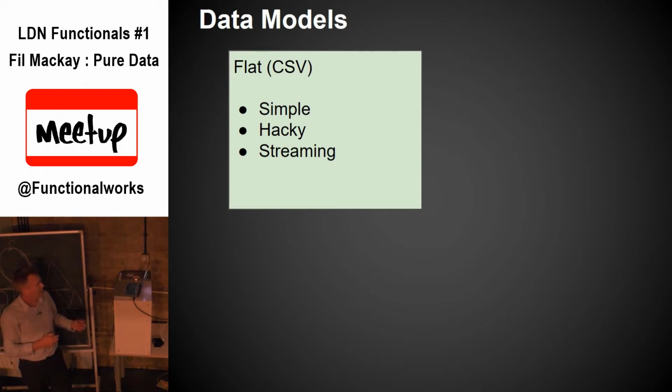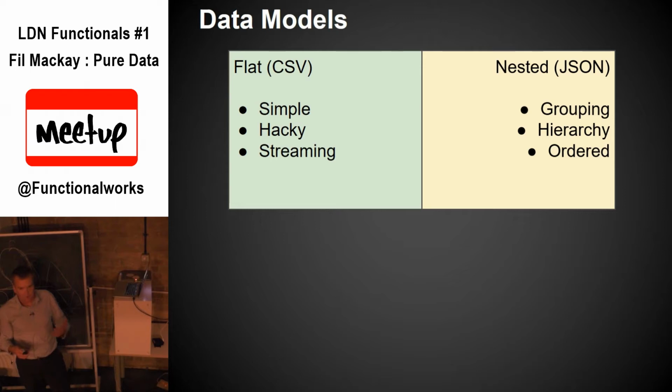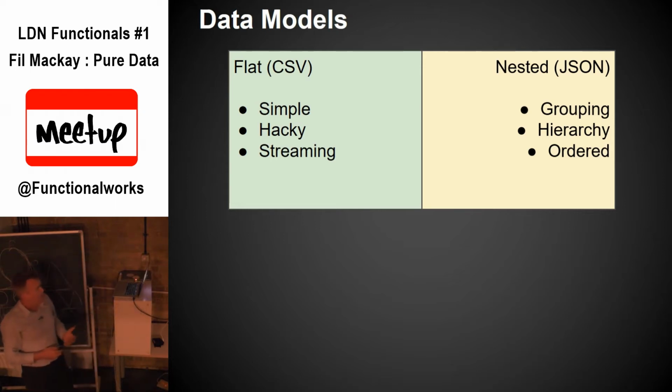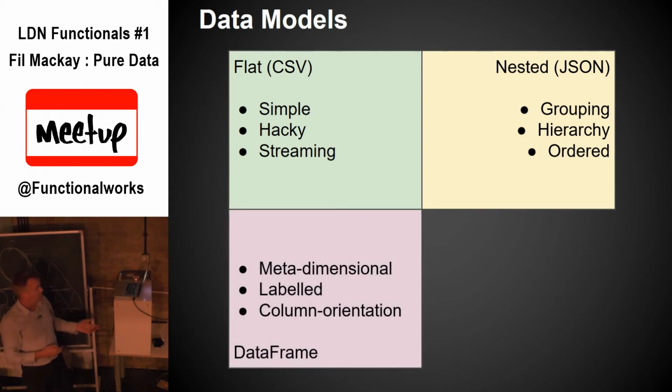Okay, so if we look at all the major data models that we use today and look at what the features of them are, I mean, this is all really approximate, not saying any of this is absolute, but CSV files are kind of simple. The business guys can send them to you and receive them. They're a little bit hacky, which is kind of a good and a bad thing, and we can process them in a streaming fashion. So it can be a massive CSV file, and we don't have to read the whole thing into memory. We've got nested data in the form of JSON.